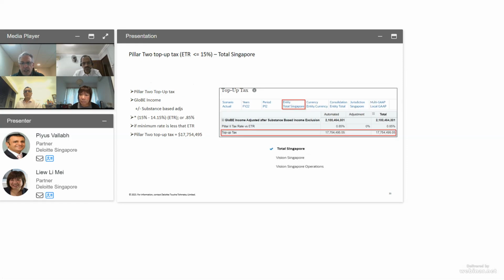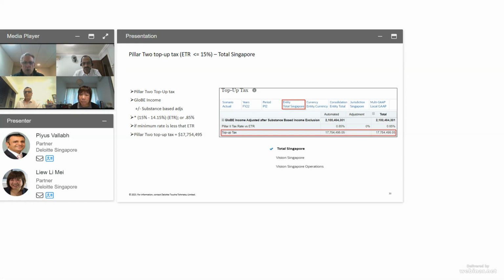And we would expect a top-up tax of 0.85%, 15% minus 14.15. And here we calculate the top-up tax on the GloBE income as adjusted for the aggregated entities.